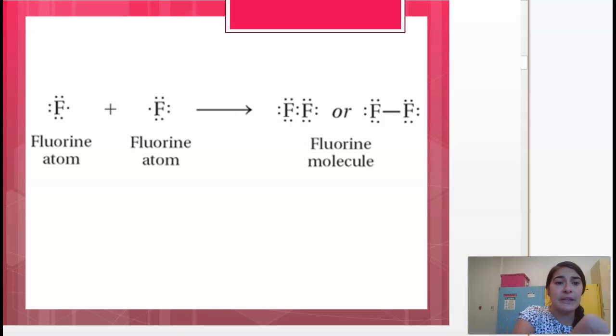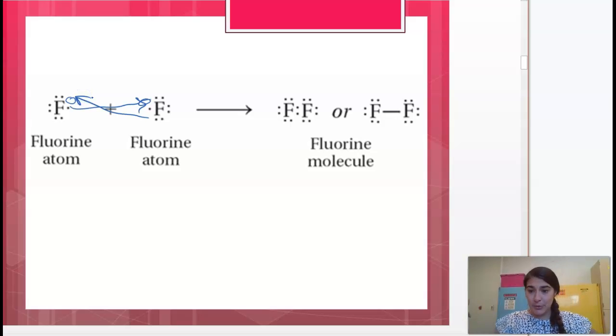Fluorine has that lovely empty spot right here, and this fluorine has its empty spot as well. Those atoms can naturally fill in for each other. They just go together and, boop, that empty spot just fills right in. And so fluorine is going to exist as F2.